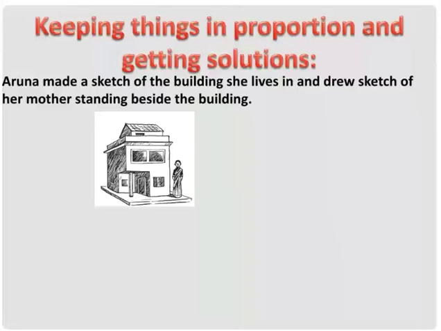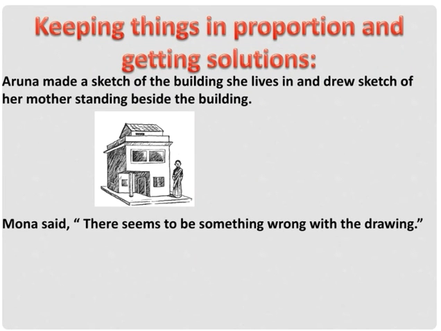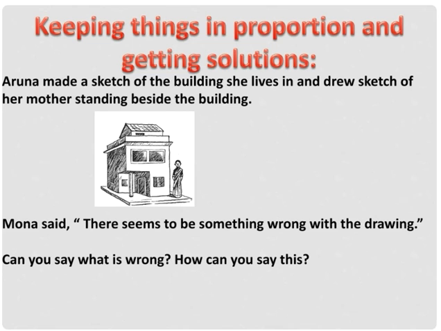Here, Aruna made a sketch of the building she lives in and drew a sketch of her mother standing beside the building. Mona said, there seems to be something wrong with the drawing. Can you say what is wrong? How can you say this?